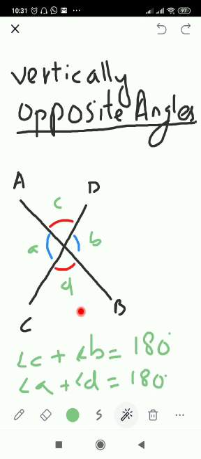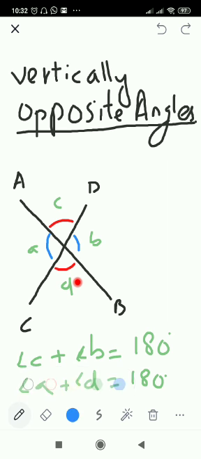Whenever two lines intersect each other, they form angles, and the angles that are opposite to each other are called vertically opposite angles. There is an abbreviation that we use for vertically opposite angles.